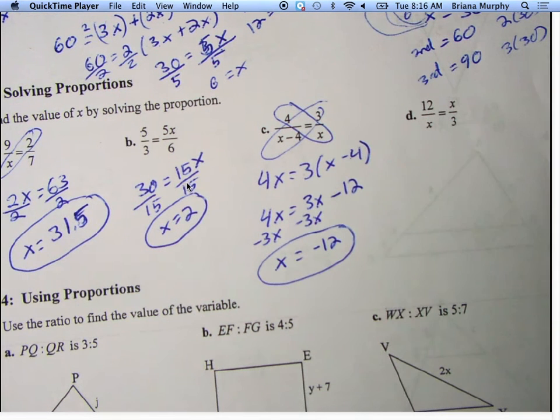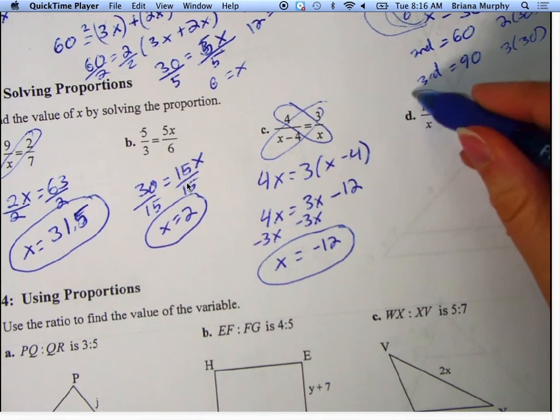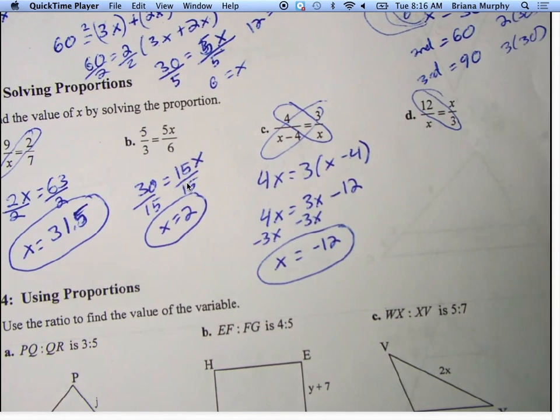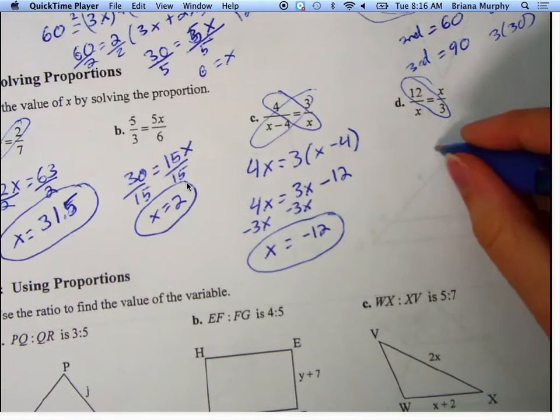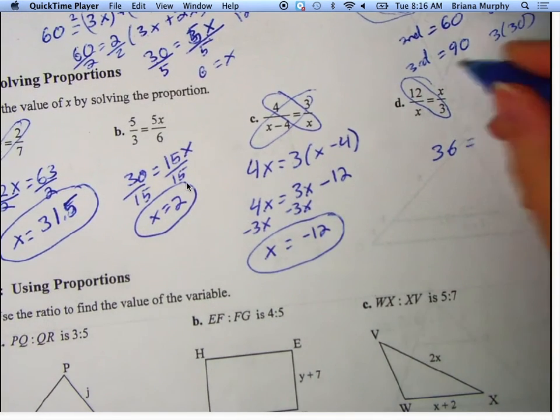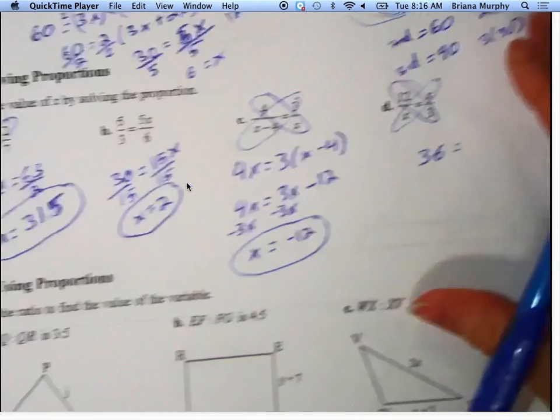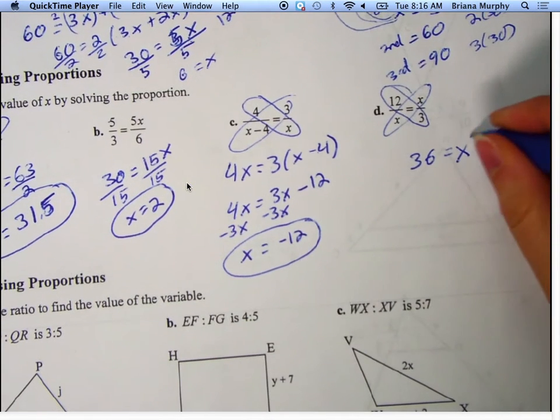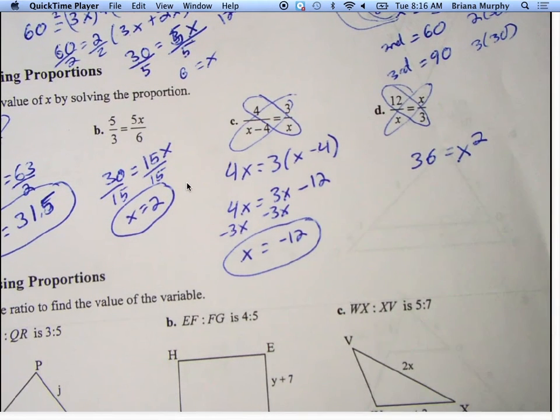All right, next. It's a little harder. 12 times 3 is 36. X times x is x squared. Don't forget, adding x plus x is 2x, but x times x is x squared. How do I get rid of a squared, guys?